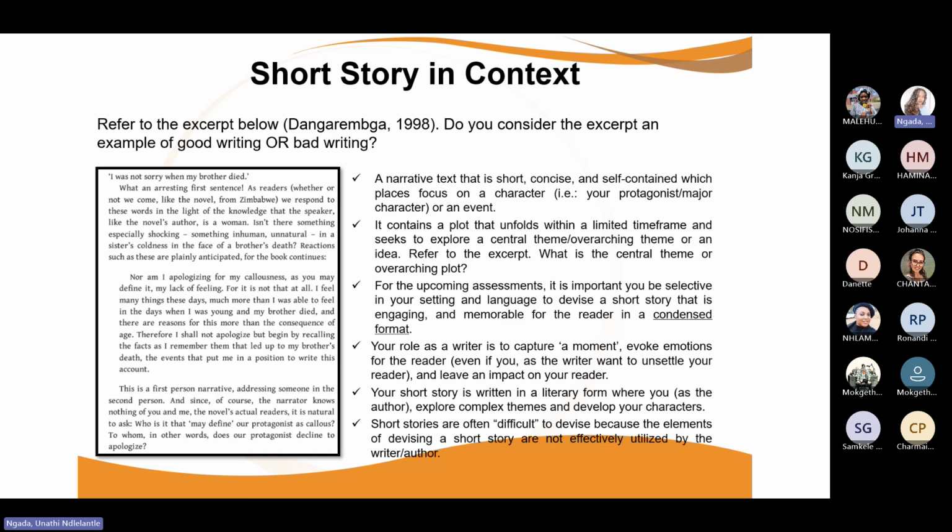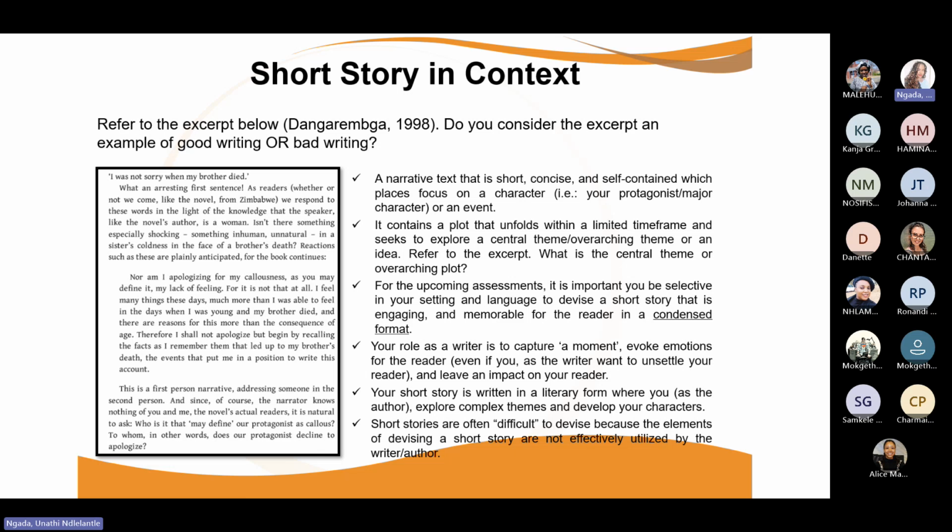So, for example, last year I had a student who was doing her third year, and for the short story section, she felt that she deserved a better mark because she felt that the strength of the short story lay within the plot, and that the story ended with a really nice twist that kept us, the readers, in deep thought.